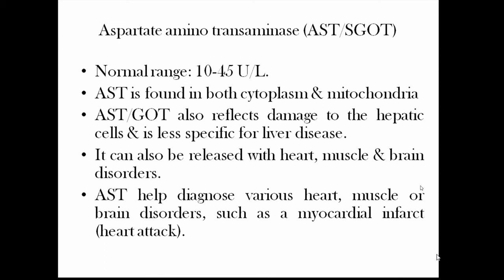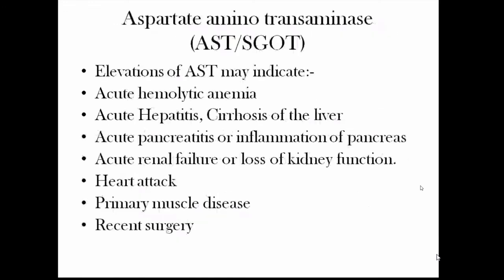It can be released in the heart, muscle, and brain. Rarely do we have symptoms in the liver's region that are associated with the heart, the muscle, and the brain. So it is specific if the symptoms are pointing at the liver. AST is commonly used as a hepatic enzyme or as a cardiac enzyme. This is telling you that it's elevated in other areas, although it can be elevated in the liver's tissue.